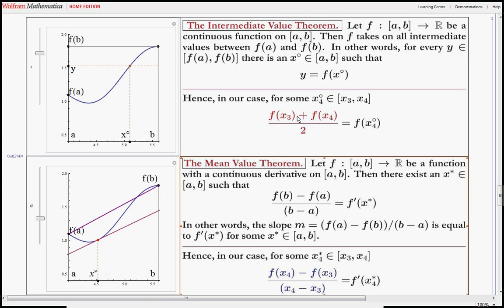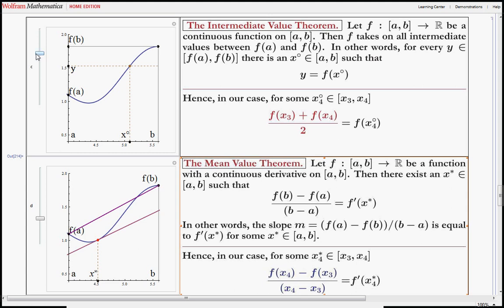Okay, the first theorem, the intermediate value theorem, states that whenever we have a value y between the endpoint values of a certain continuous function on an interval ab, there always is a certain argument x circle within this interval such that the value of f at x circle is y.